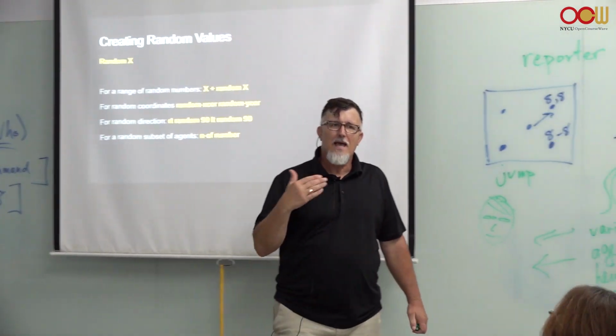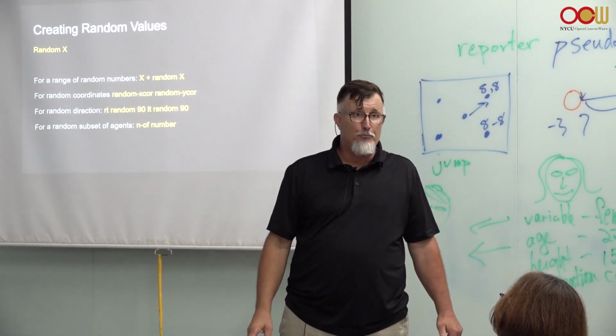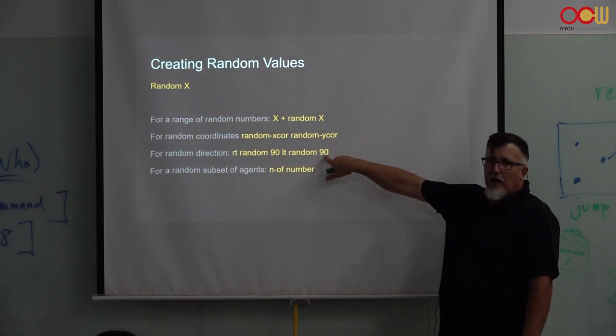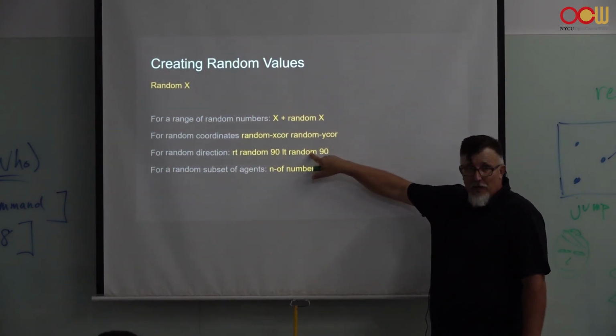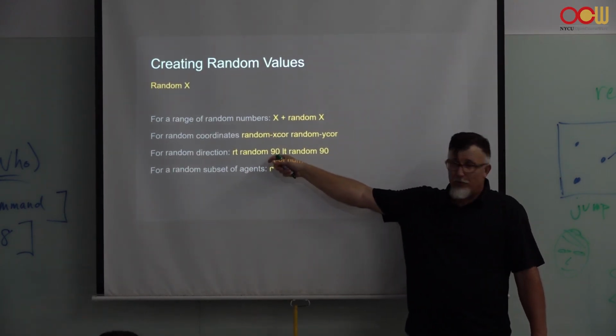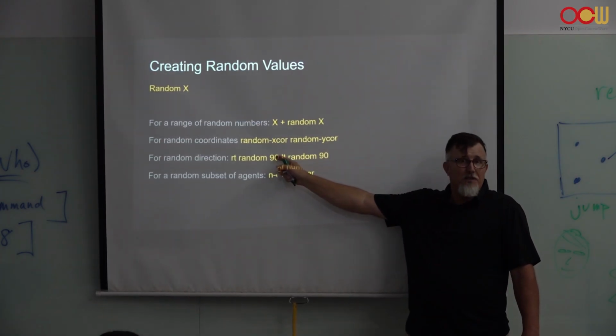If you want to pick any random direction, you tell your turtle to head off in some direction that I can't predict. I always use, and I would recommend this for everybody, the most frequent way to get a random direction. Turn right some random number up to 90.